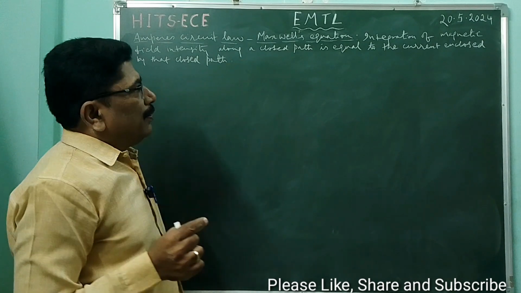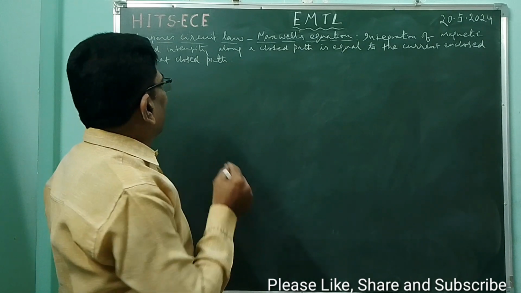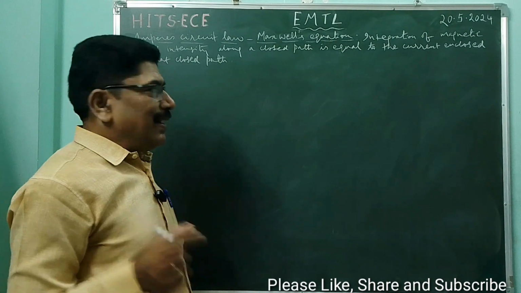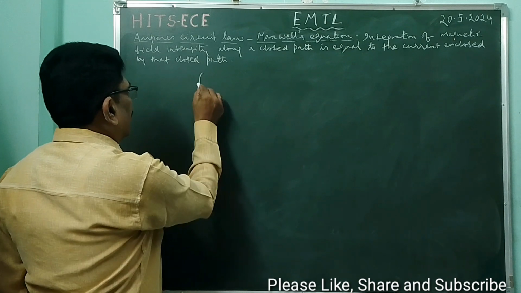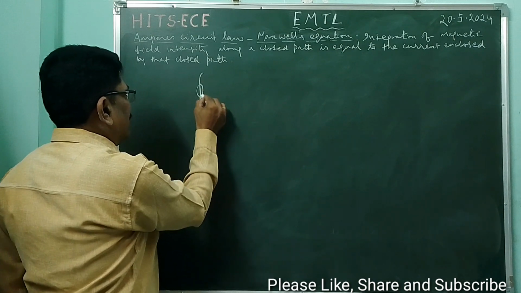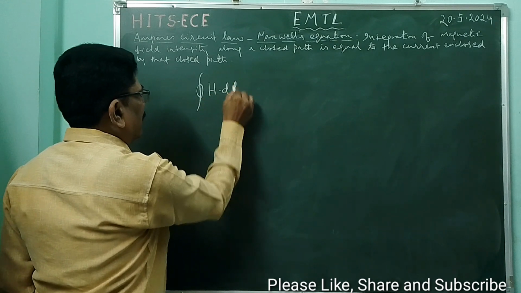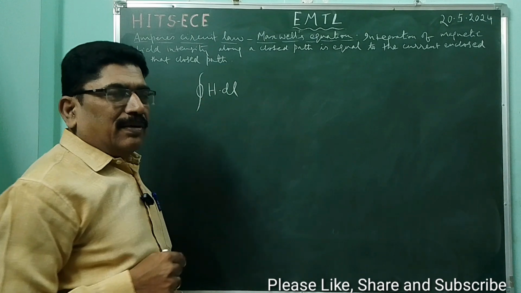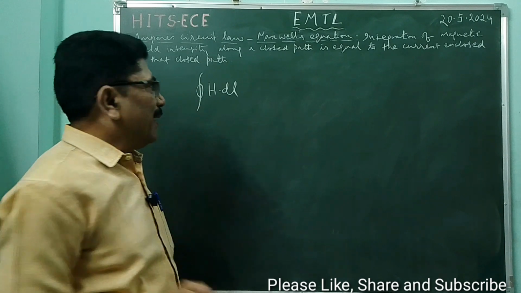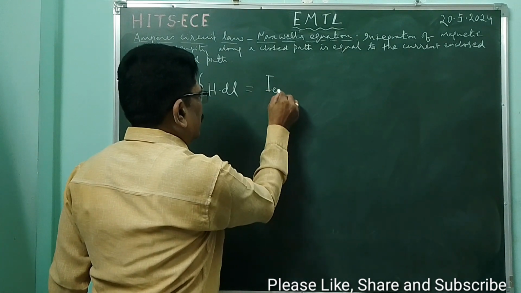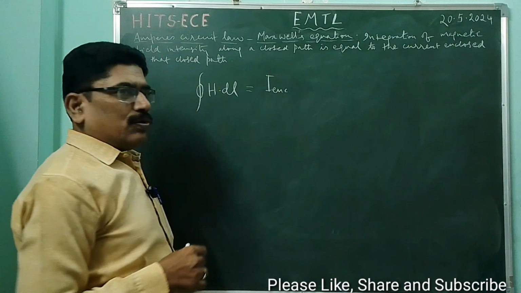And we will integrate magnetic field intensity with respect to differential length. That is, the closed path is indicated by this circle, H dot dl. That is, the integration of this magnetic field intensity with respect to differential length is equal to the current enclosed by that closed path.